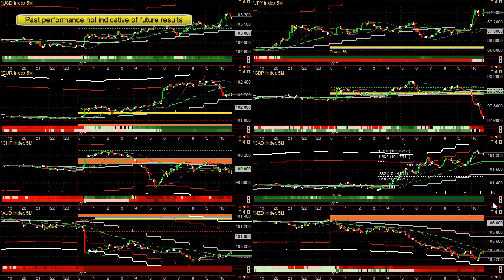And what currency maybe is down too much? Well, the New Zealand is near the lower bands. I would prefer to trade a currency like the euro, which has been trending up and has just had a pullback. The euro CAD close to 11 is likely to go up.